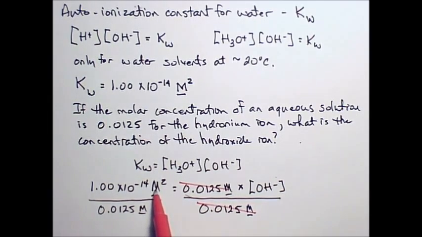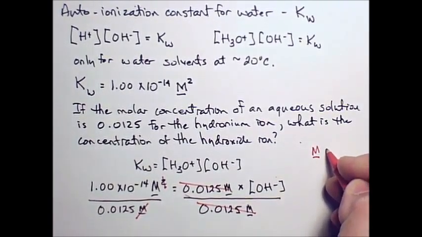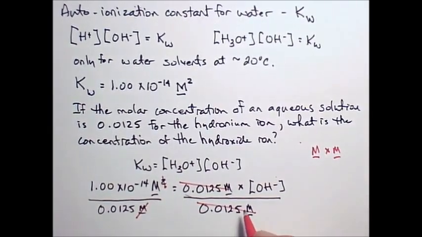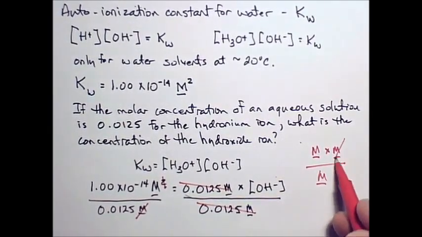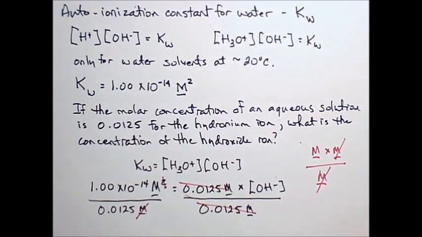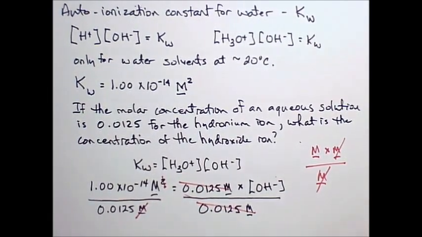So this is molar times molar, right? So I can cancel this 2 out with this right here. Does that make sense? Yeah. If I were to write this out as molar times molar, that's the same thing as molar squared, and put it over molar, I can cancel one of those out, right? Does that make sense? Okay.